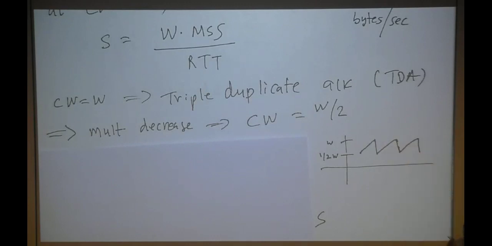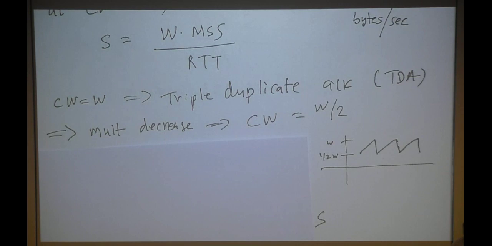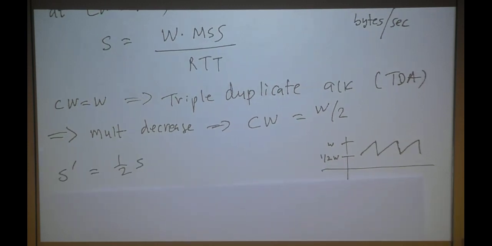So you can imagine what you're doing is alternating between W and half W, right? So when I'm at W, my sending rate is this. When I'm at half W, what's my sending rate? Well, my congestion window is cut in half, so what's my sending rate? Half, right?